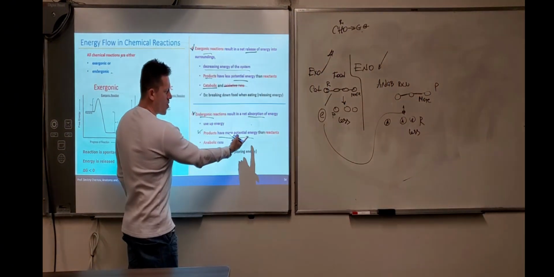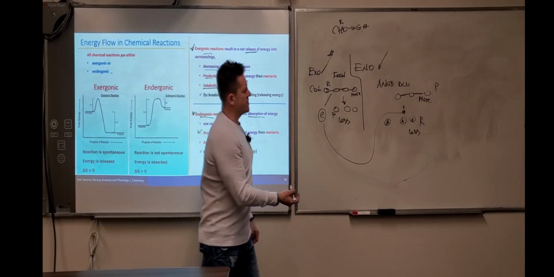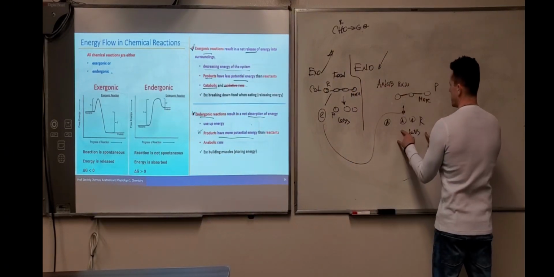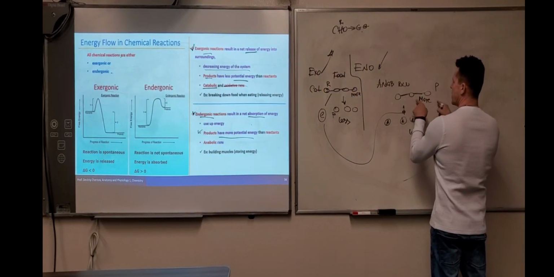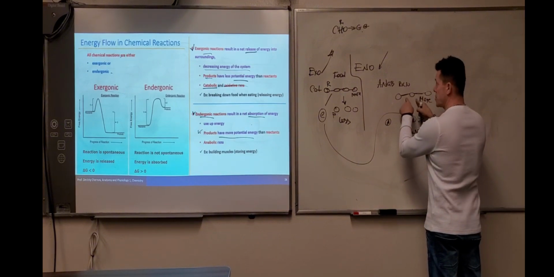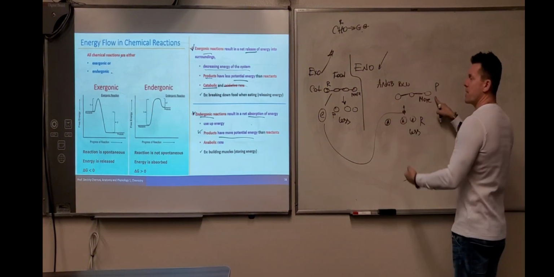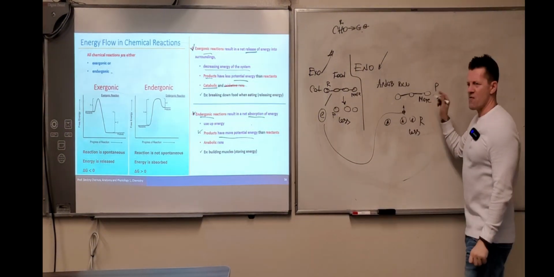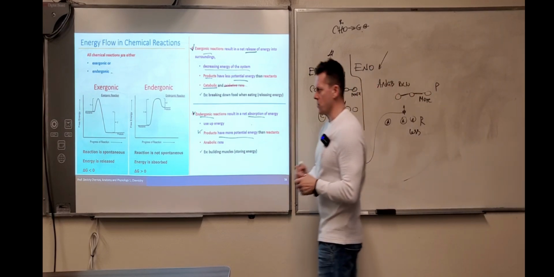So the products have more potential energy than reactants, right? So your reactants have less potential energy, and your products have more potential energy because you just stored the energy here, and this molecule looks bigger. That's a polysaccharide, polypeptide, whatever that molecule is.